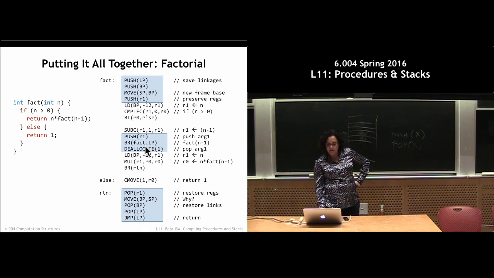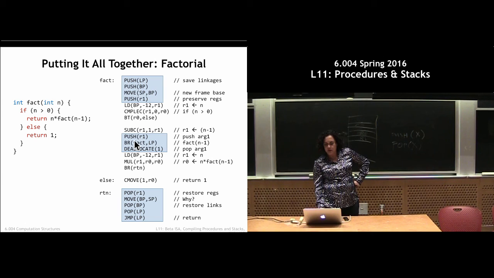And then in the middle, we have this recursive call, which is going to push a new value, which is the argument for the recursive call to factorial. This is n minus 1. This gets calculated here. We push that, we branch fact to factorial, and store the new value into LP.